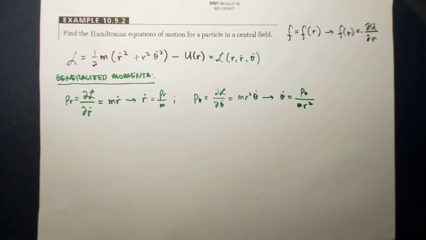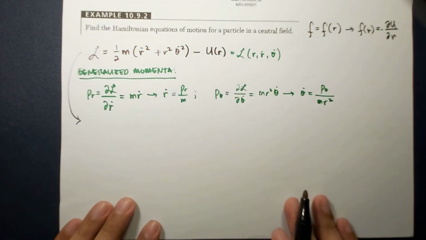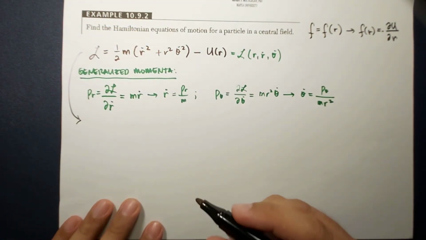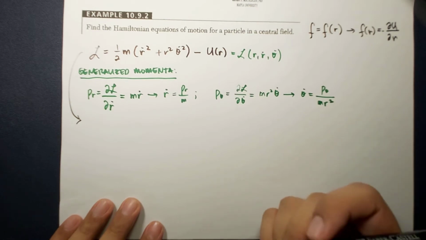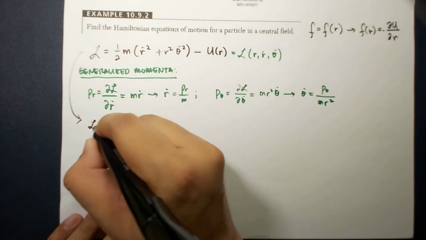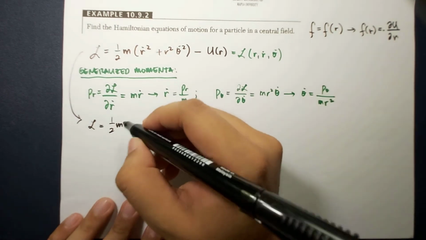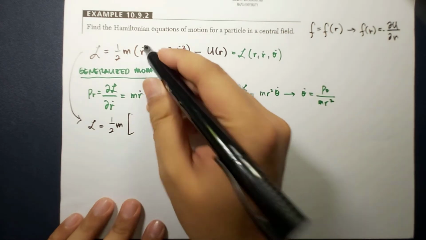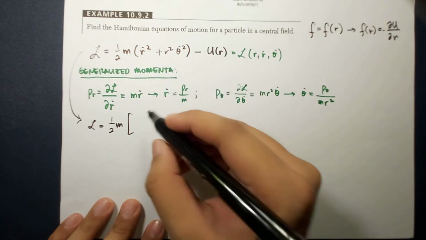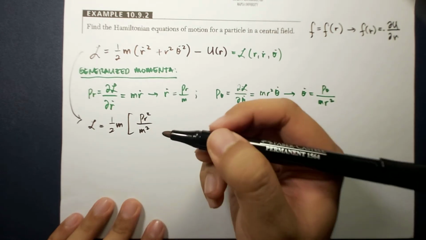So therefore we can now rewrite the Lagrangian in terms of the generalized momenta and its corresponding coordinate. So this is L equals 1/2 m times r dot squared, which would be p r over m squared, right?